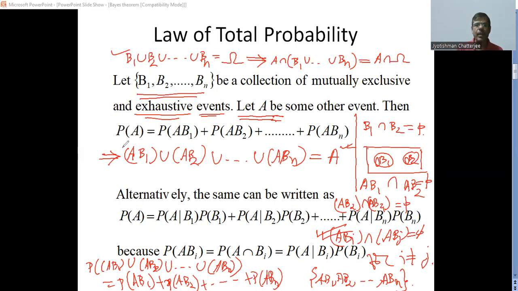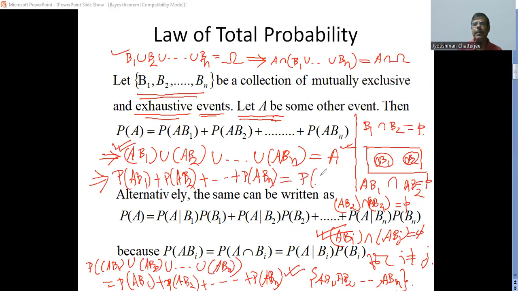Once we got this, then we take probability on both sides, and the left-hand side probability breaks down as P of A intersection B1 plus P of A intersection B2 plus P of A intersection Bn, and the right-hand side is nothing but P of A. To come from the previous step, we just took probabilities on both sides.